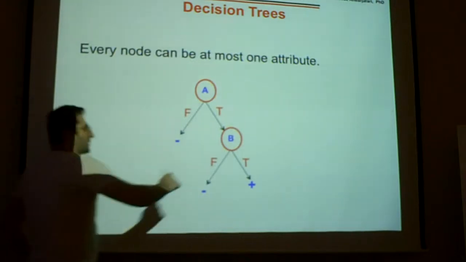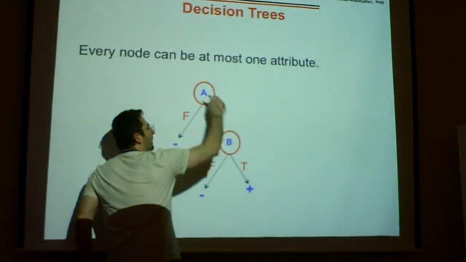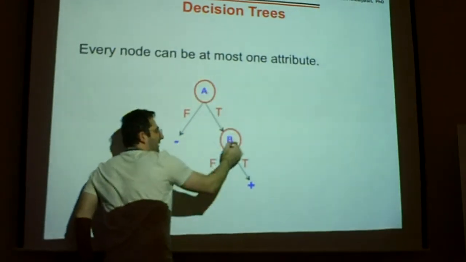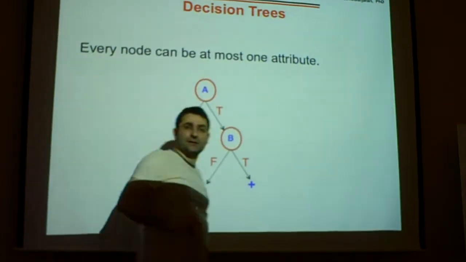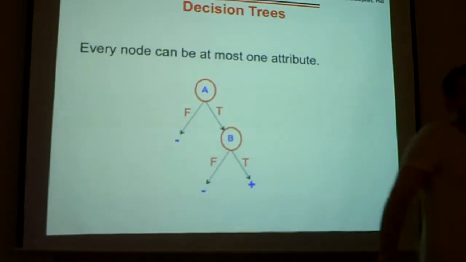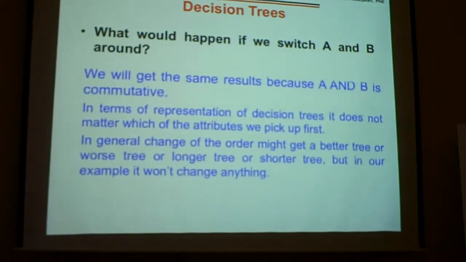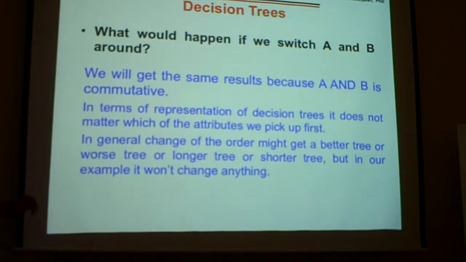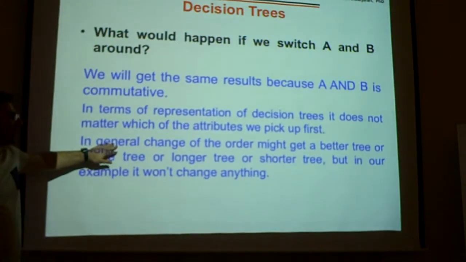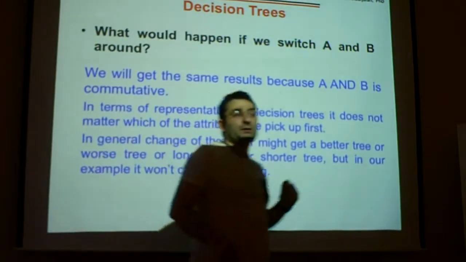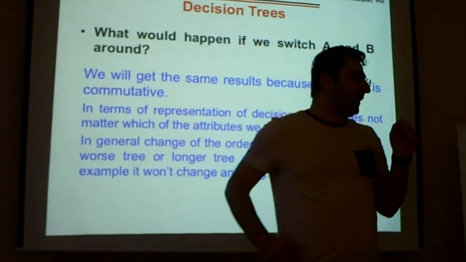In other words, if I just delete this one, and delete this one, and write B here and A here, nothing will happen in the decisions. Do you agree? Yes. So it is easy to see. But in general, changing the order can affect our tree.